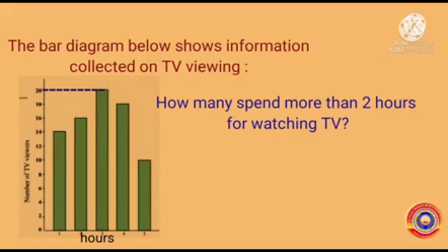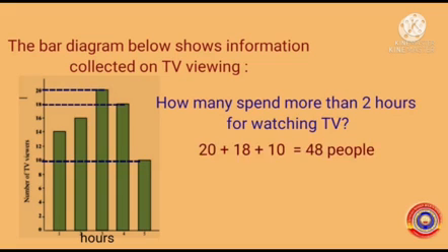The number of people who spend 3 hours equals 20. The number who spend 4 hours equals 18. The number who spend 5 hours equals 10. Then the total number of people who spend more than 2 hours watching TV equals 20 plus 18 plus 10, which is equal to 48 people.